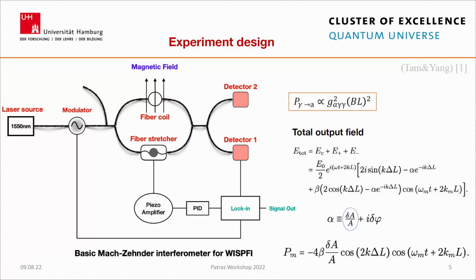This is a basic Mach-Zehnder interferometer, and we have a 1550 nanometer laser source. It will be modulated in amplitude or phase, and after that there's a 50-50 beam splitter, which splits the beam: the first goes to the magnetic field, through the fiber, and the next one goes through a fiber stretcher.